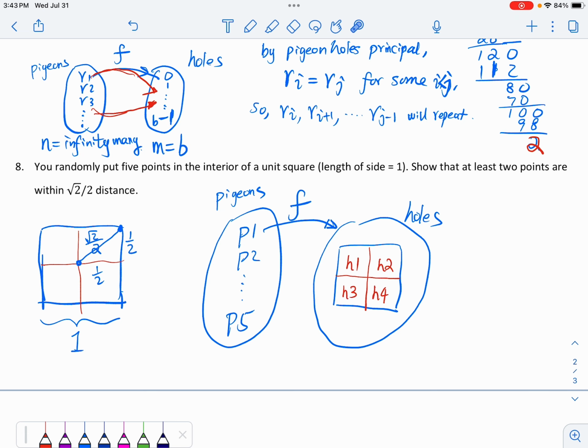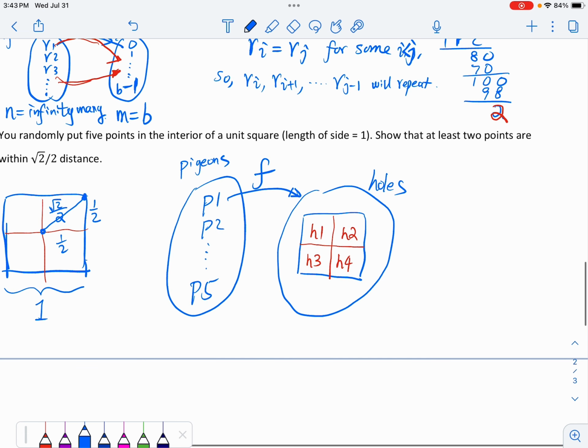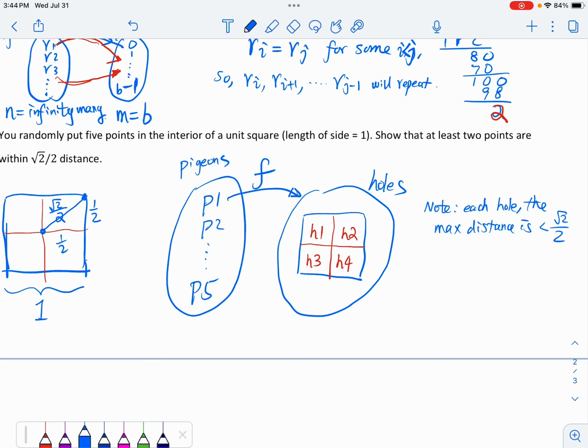Please note that in each hole, the max distance is less than square root of 2 over 2, because we want to put the points in the interior.